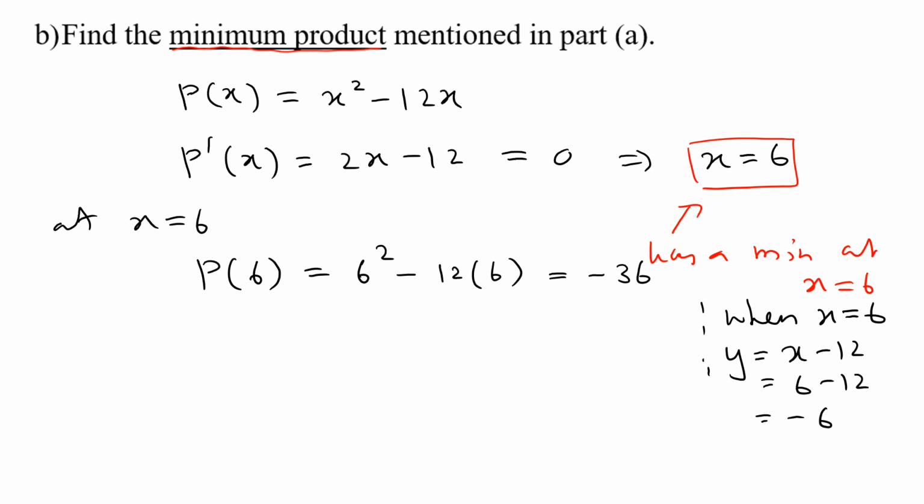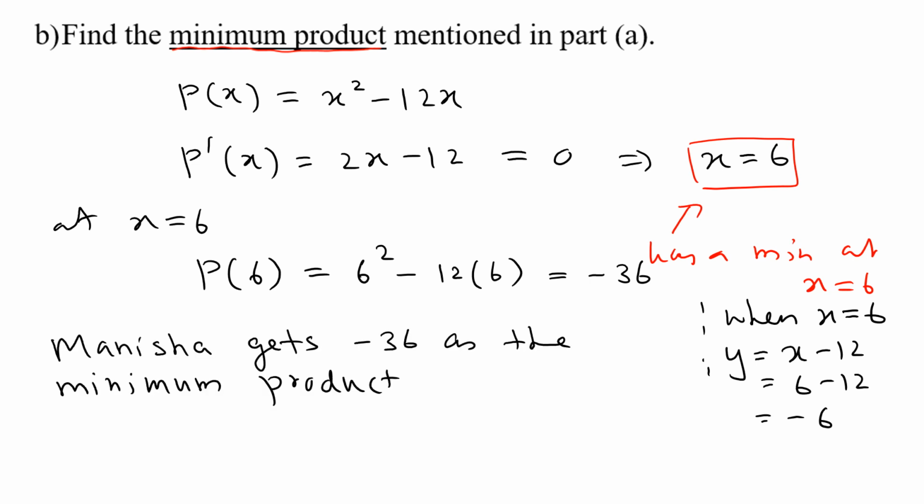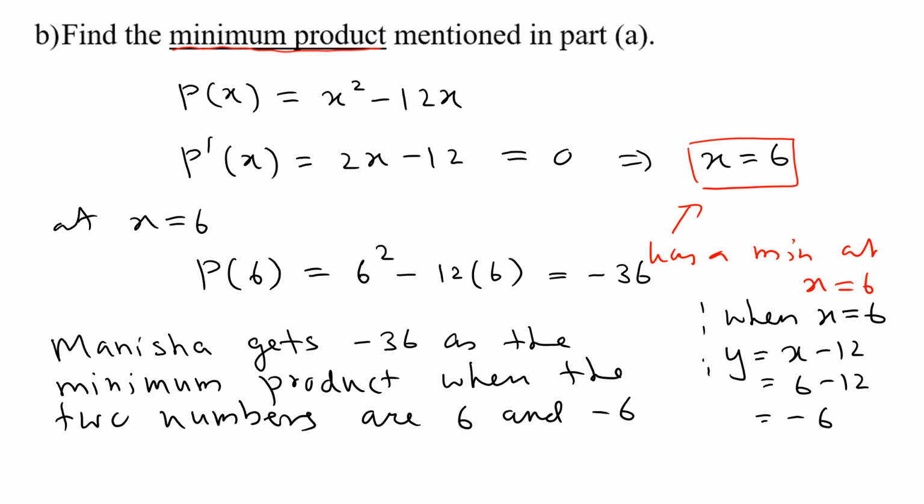So we get negative 36 as the minimum product when the two numbers are 6 and negative 6. You cannot leave x and y in the final answer because x and y were introduced by us, so you should not leave that in the answer. So this is how we write the answer for that one.